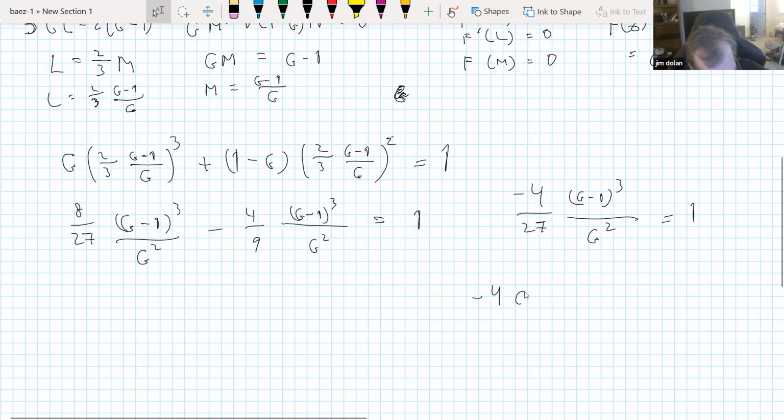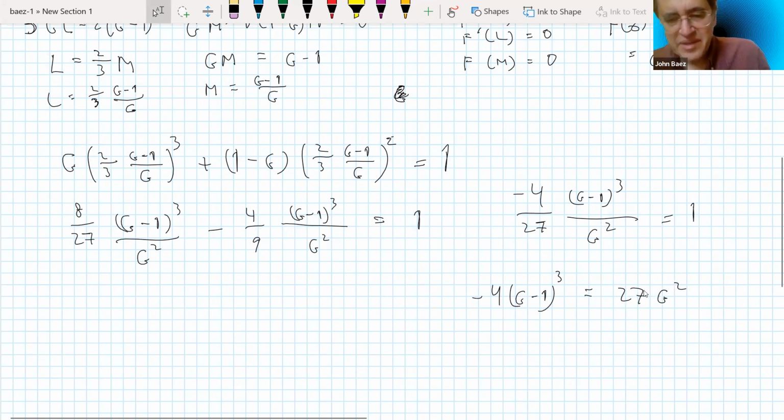Negative 4 G minus 1 cubed equals 27 times G squared. Either we screwed up or we're just going to get what we get here. Okay, I can cube that thing, but so can you, I imagine.